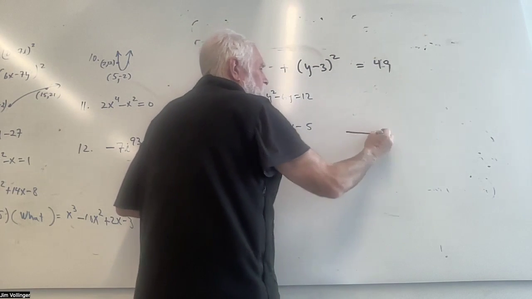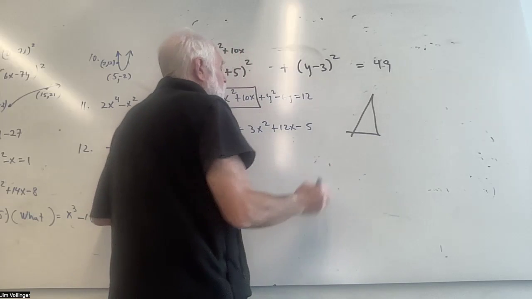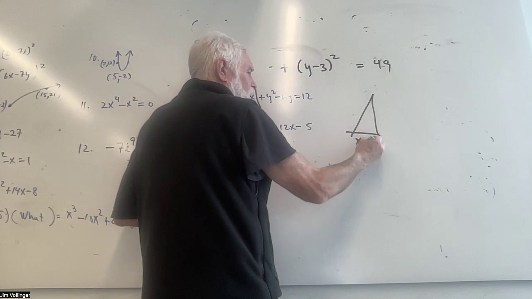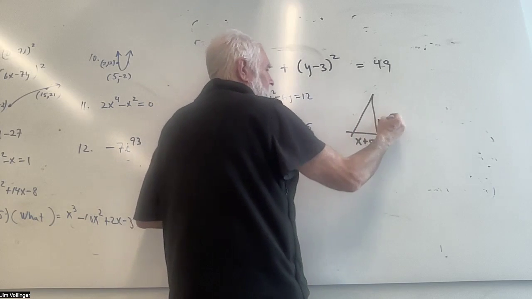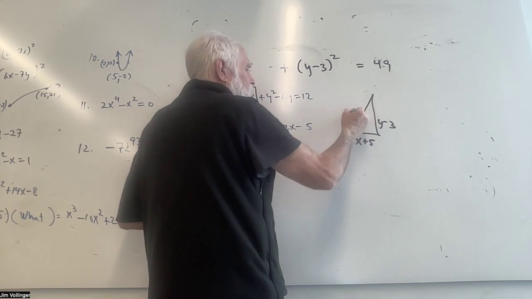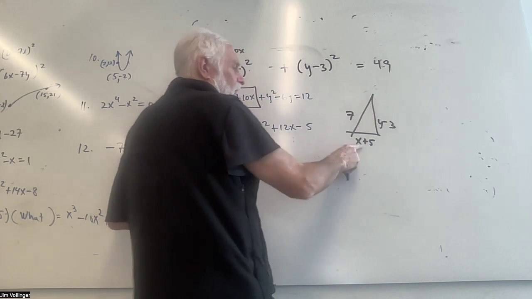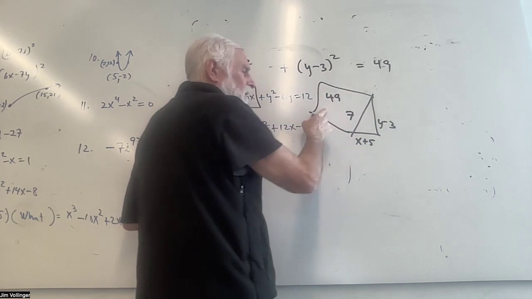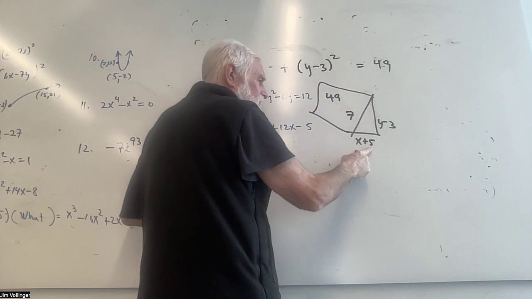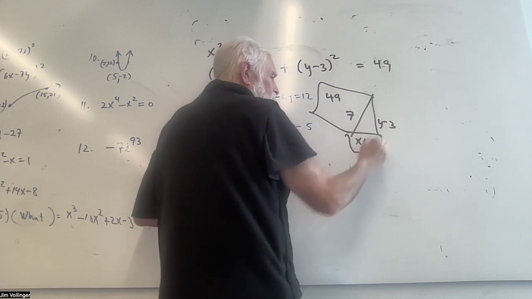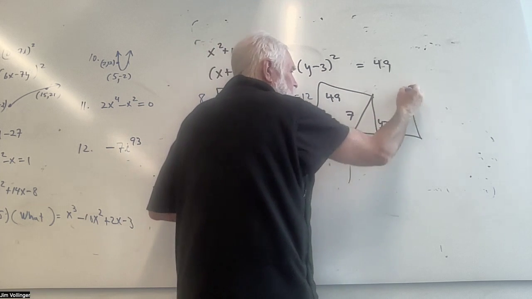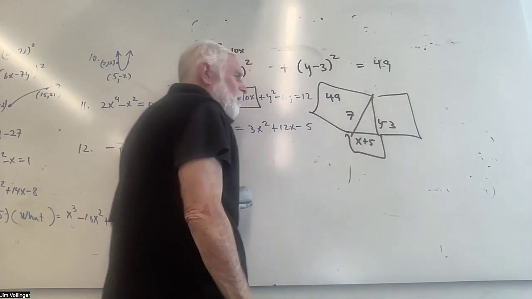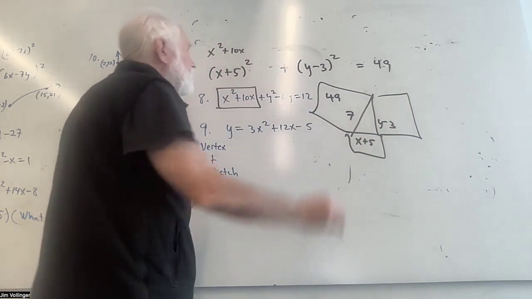And then I've created a square whose sides are x plus 5 and y minus 3, and whose length is 7. And as x gets bigger, in order to maintain 49 constant units of area, that square area gets bigger, the corresponding square area has to get smaller, and we get that rotation.